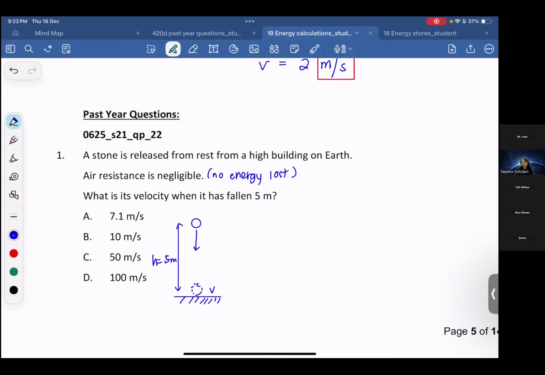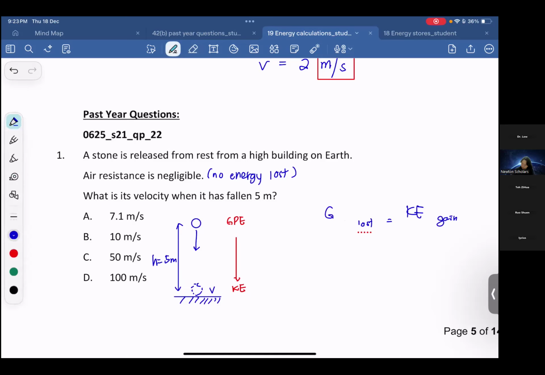So you ask yourself, at the start, what is this energy? This is GPE. Then it converts to, at the end, just before touching the ground, kinetic energy. So we write down GPE, or mgh. This one will be lost, and it will gain and convert to kinetic energy. So mgh, where m is the mass.